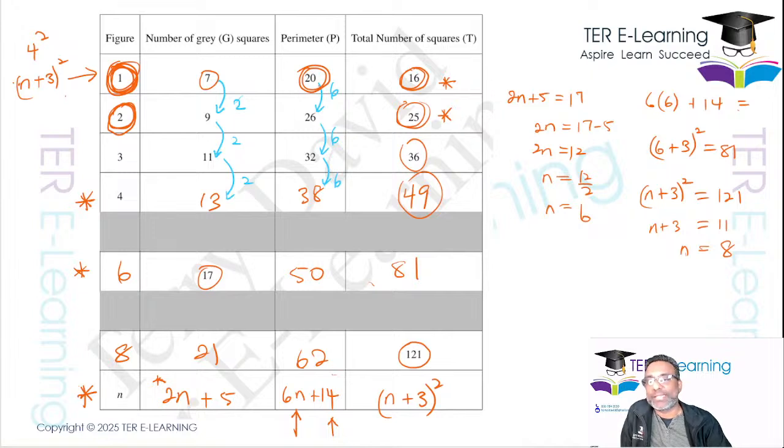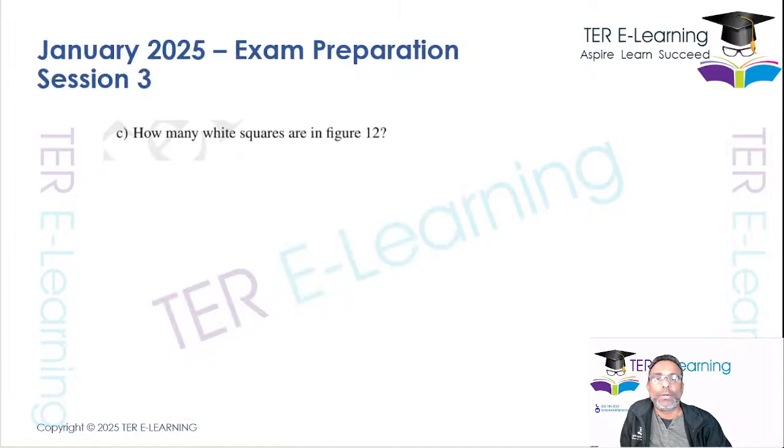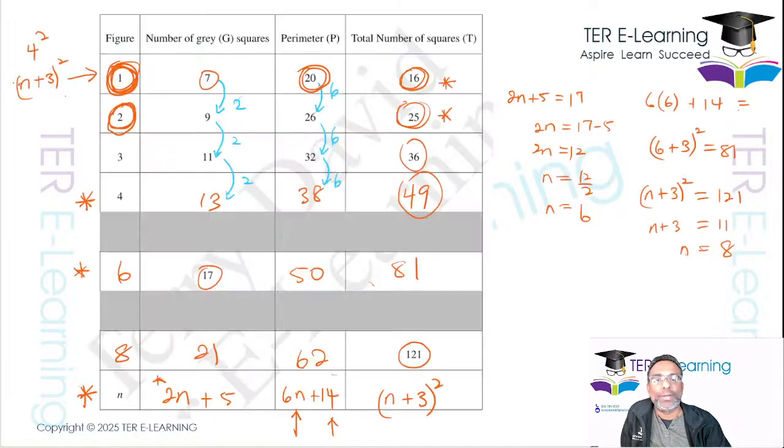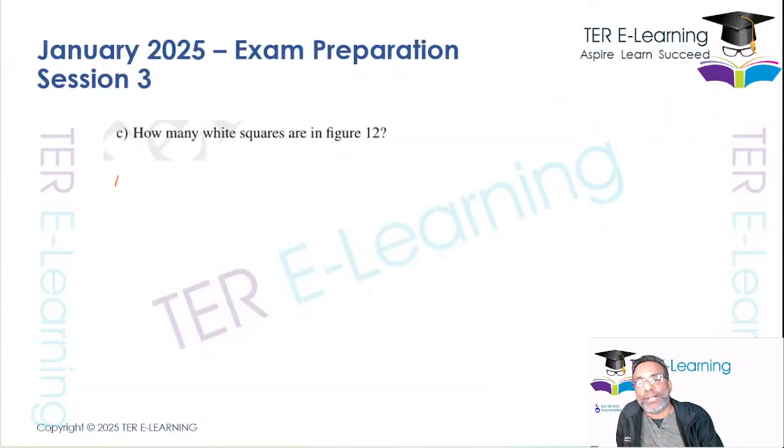Right? So that's number 7. How many white squares are in figure 12? Right? So figure 12, that means n is equal to 12. So the first thing we should do is to figure out what's the total number of squares we have.